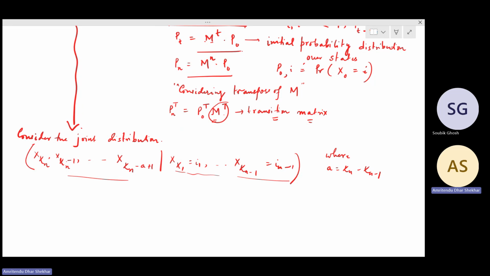I hope it's clear why this joint distribution is dependent only on this term. It's independent of all the terms before it.